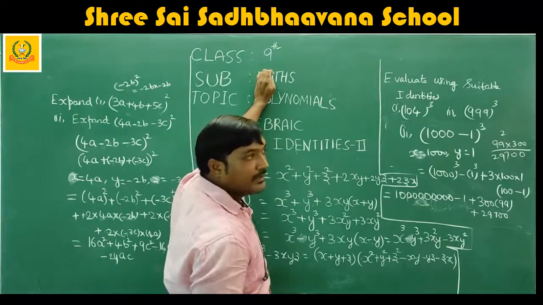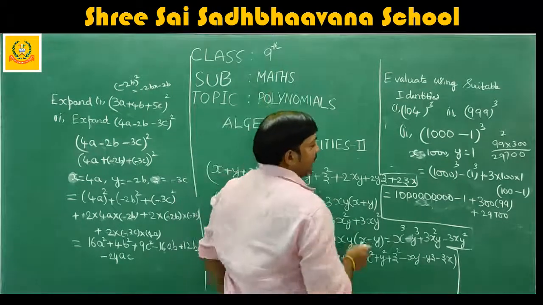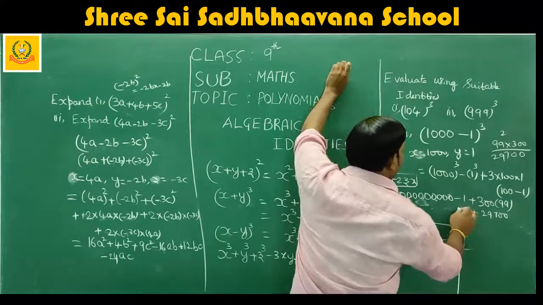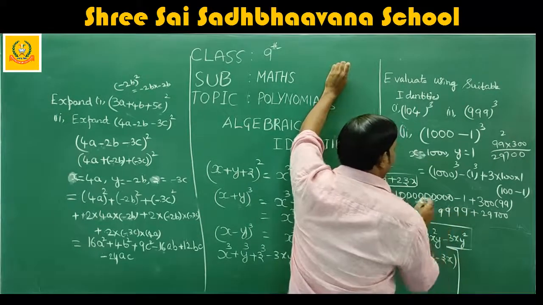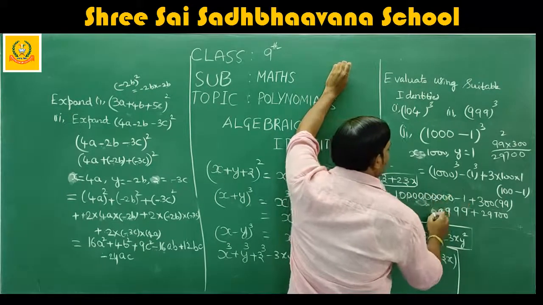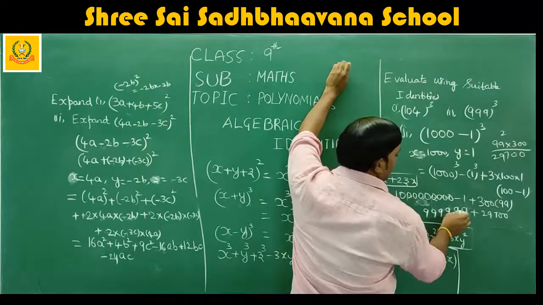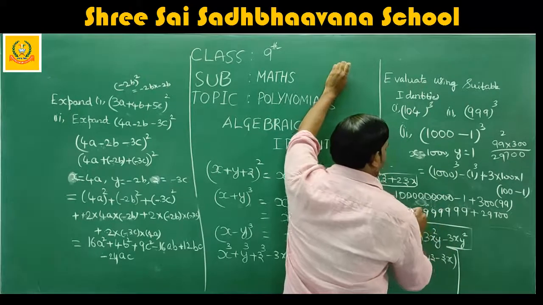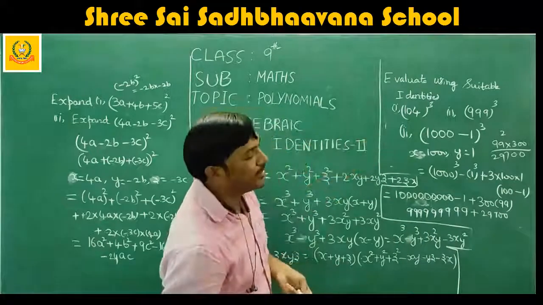In the English system, you say it is 1000 million. So this 1000 million minus 1 is very simple. How many digits are there? 1, 2, 3, 4, 5, 6, 7, 8, 9, 10. So 9 nines, that's all.